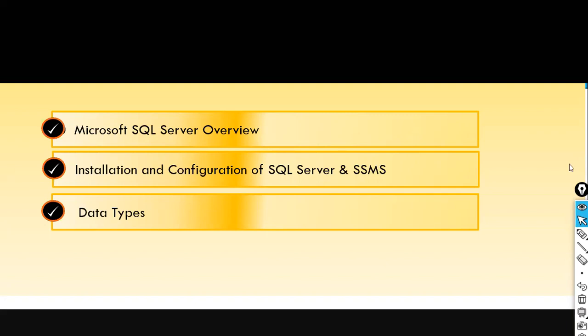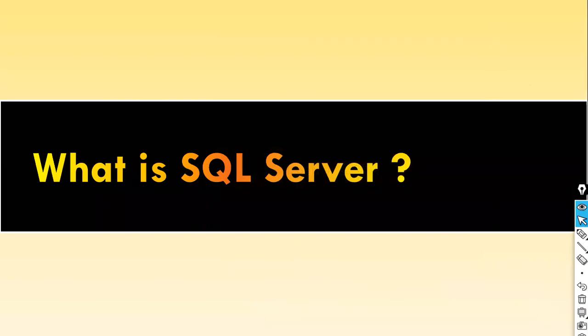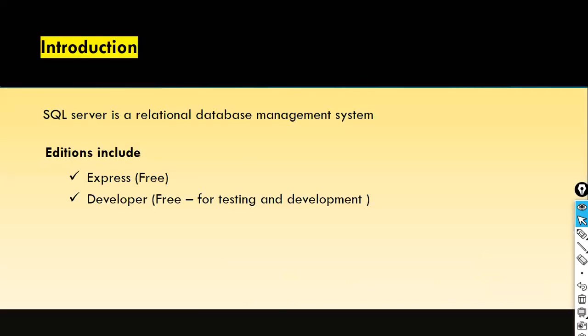Okay, so what is SQL Server? SQL Server is a relational database management system. It is a Microsoft product. There are 4 different editions of SQL Server software available. The one is the Express, and I guess all of you have installed Express only.